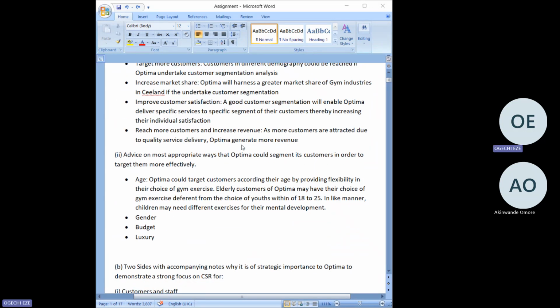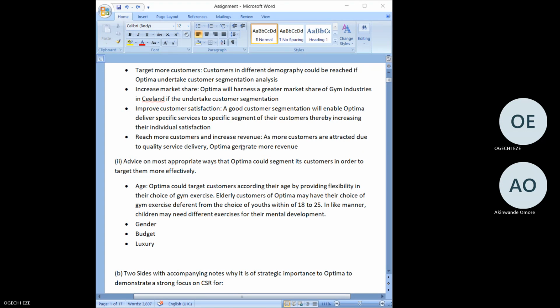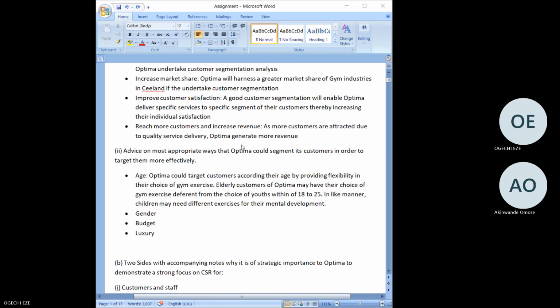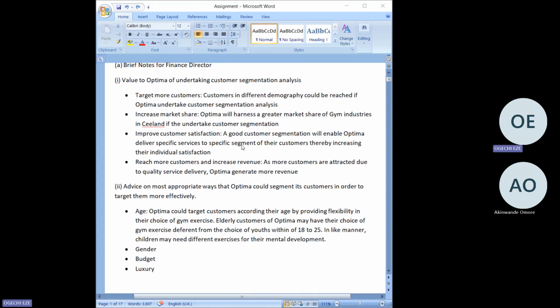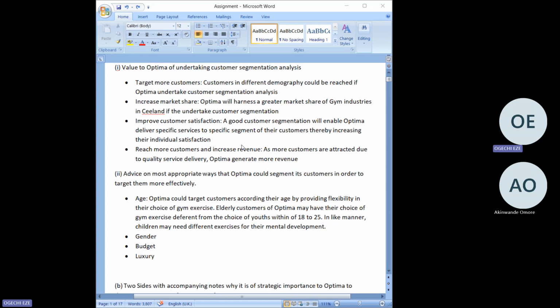Okay, so then the increased revenue is one of the values that can be added to Optima, because the more customers getting into their services, it's definitely going to generate more revenue for Optima.